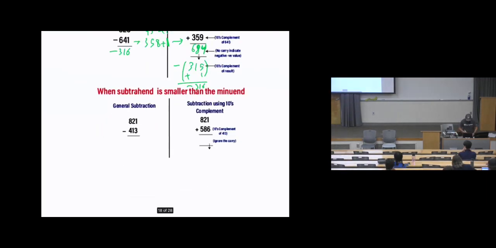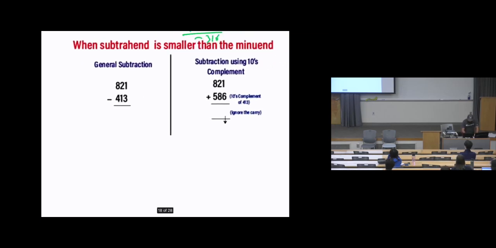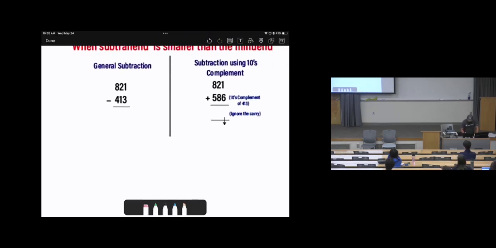Now how about if there is a carry out bit like this? 821 minus 413. The answer must be positive, 408. How can we find this? Find the nine's complement for this number first.